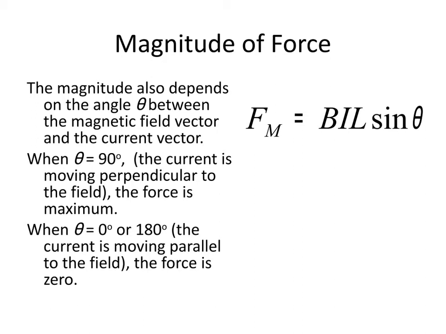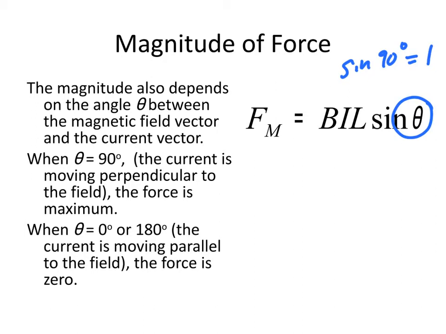So the magnitude of the magnetic force acting on a wire carrying a current is also dependent on the angle between the magnetic field and the current. So instead of using the proportionality statement that we saw earlier, we can use an equation. So here's an equation we can use. We have the angle theta between the current and the magnetic field. When theta is equal to 90 degrees, you recall that sine of 90 degrees is equal to 1, and that's the biggest value that sine can have.